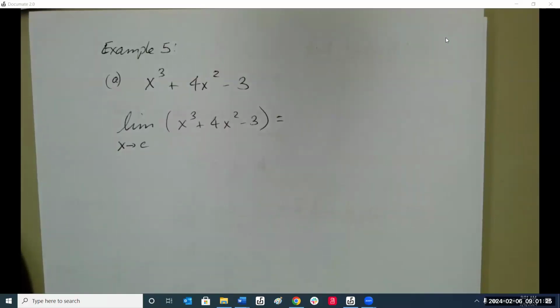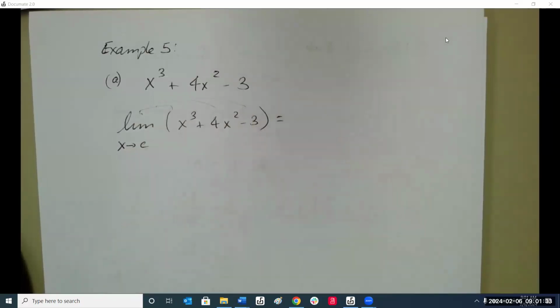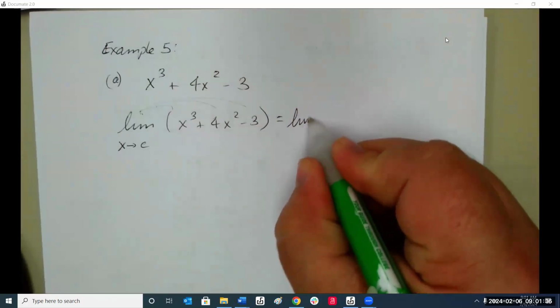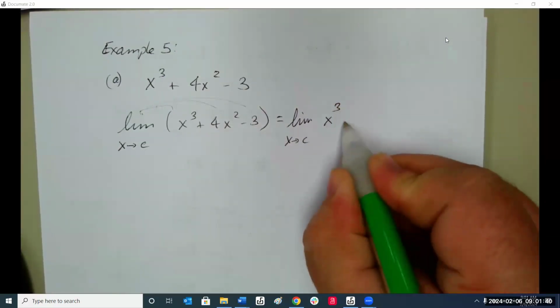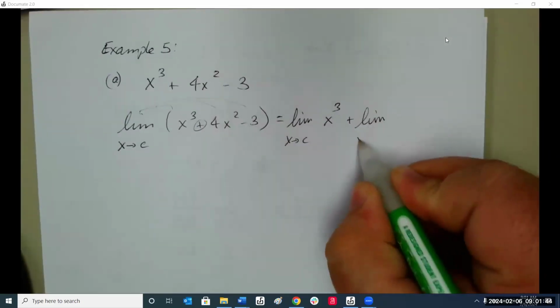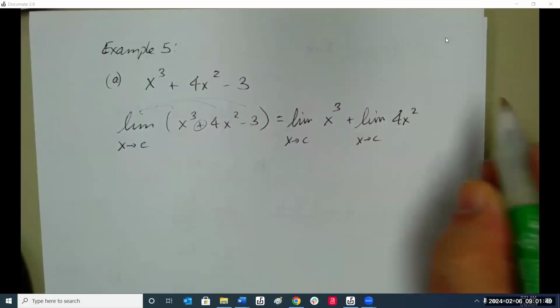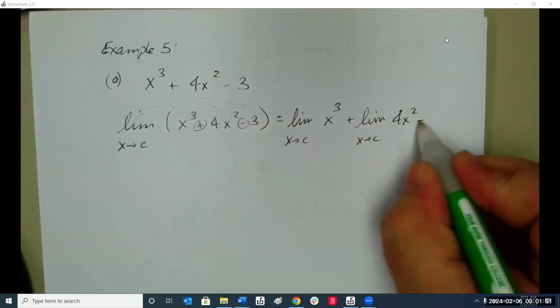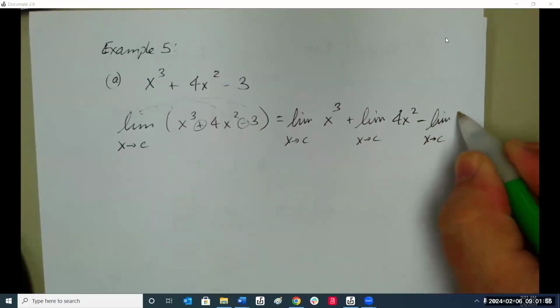If you think about it, the sum and difference rule is like a distributivity rule. I could pretty much distribute that limit as x approaches c of x cubed plus the limit as x approaches c of 4x squared minus the limit as x approaches c of 3.